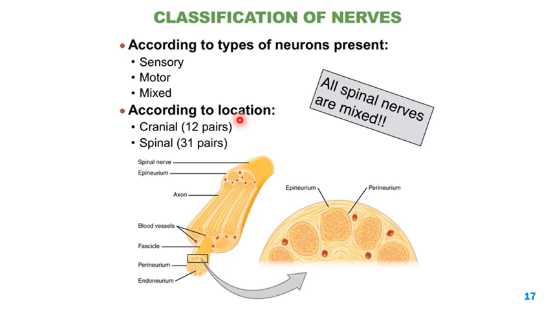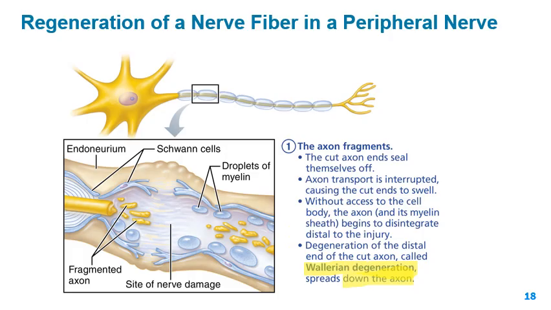So they're going to have fibers that are going afferent and then fibers that are going efferent. Okay. But then with other types of nerves, mainly cranial nerves, you're going to have some fibers that are only sensory, and then other fibers that are only or mainly motor, or some mixed as well. Okay, so let's see here what is important to know about those nerves.